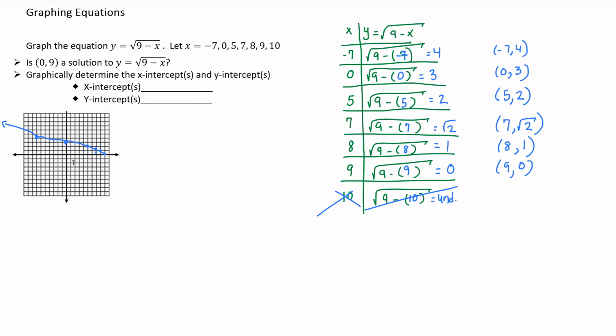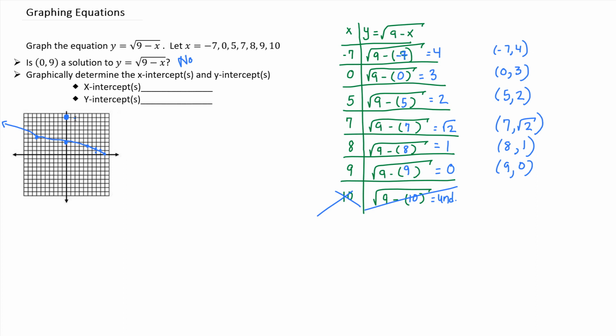If it's not, it will fall off of your graph. If you look where 0, 9 falls, 3, 4, 5, you can see that puts a point up here, which is nowhere on our graph. So the answer, just from a graphical perspective, is no.